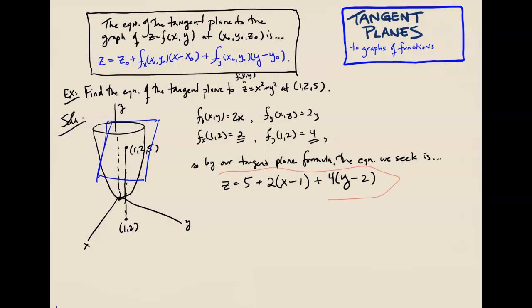And now I'll just push this stuff around and put it in a nicer form. When I do that, we end up with z is equal to, let's see, we're going to get 2x plus 4y. And for our constants, we're going to get minus 2 minus 8 is minus 10 plus 5, so we're going to get minus 5. And that's it. That's the equation of the plane. And we are done with this lecture. Adios.